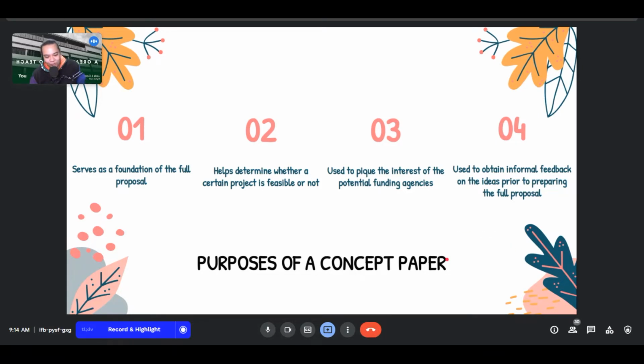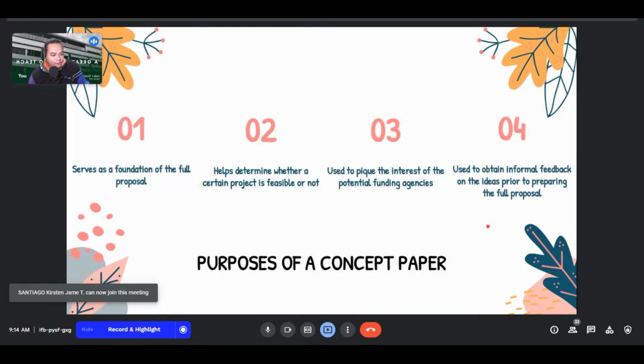So, the panel gives feedback on how you can improve, and whether or not this is an acceptable project or proposal to have. And when the feedback happens, you get to know what you can improve on when it comes to writing the full or the final draft of your proposal or your concept paper, or even in the final research stages.